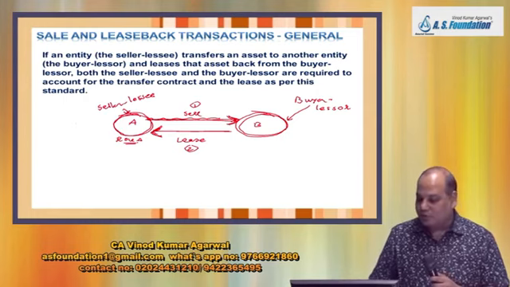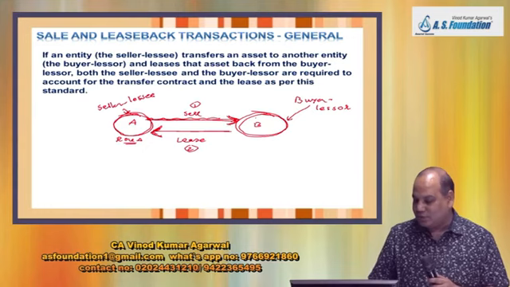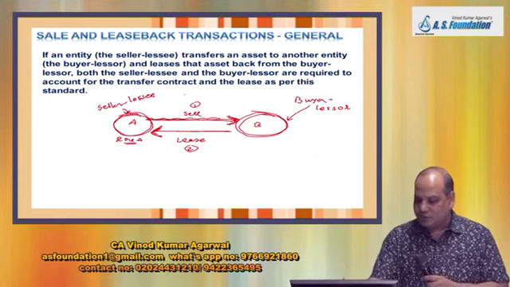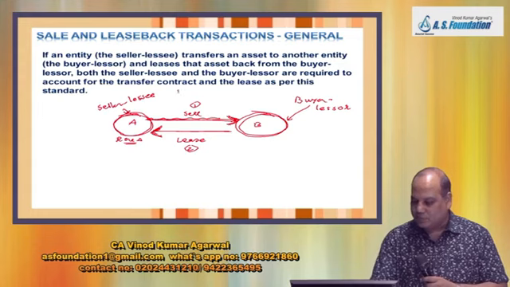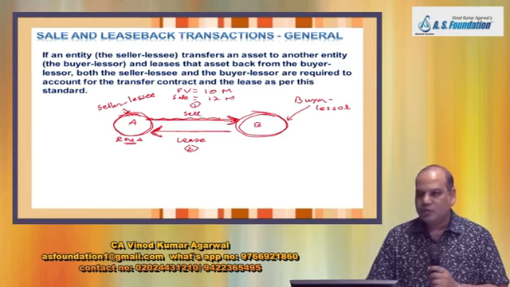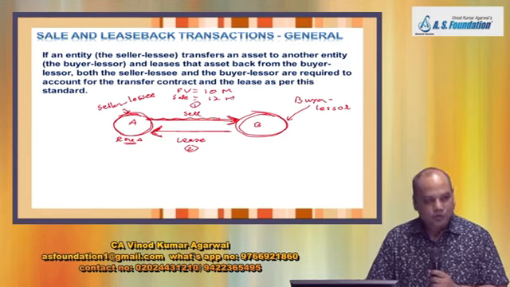Why more than fair value? Why will A charge more than market value to B and why will B be willing to pay? Okay, possible. Like for example, the fair value of the asset may be 10 million, but the actual sale price may be 12 million. Okay.